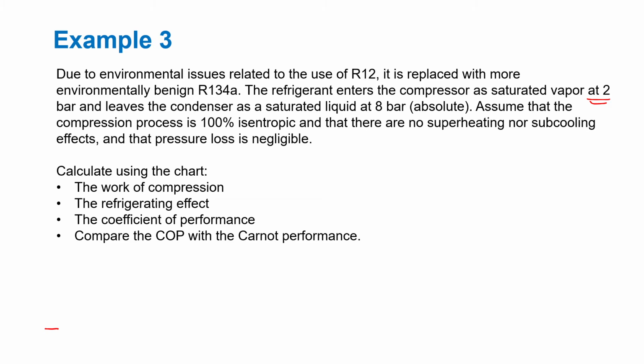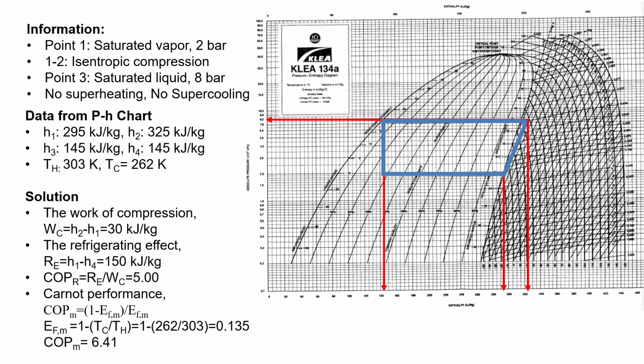So what is relevant here is that we need to change the pH diagram. We always start at point 1. Point 1, from the previous discussion, we know that it is saturated vapor at 2 bar, which is correct here. Point 2 is isentropic, so it goes up, following the line until we reach the pressure of 8 bar.